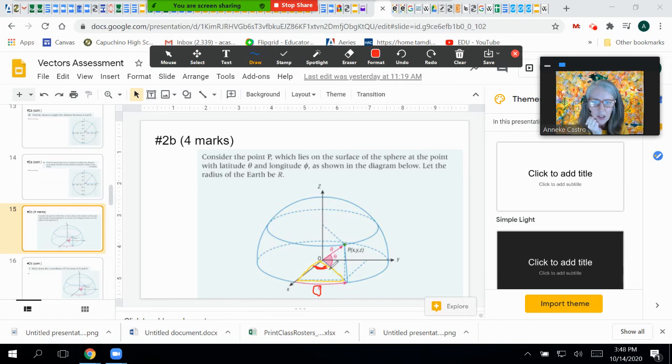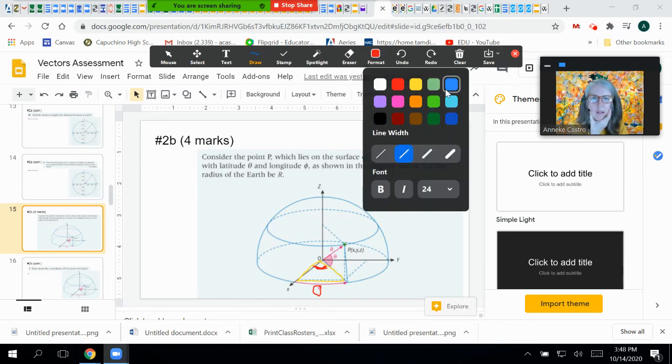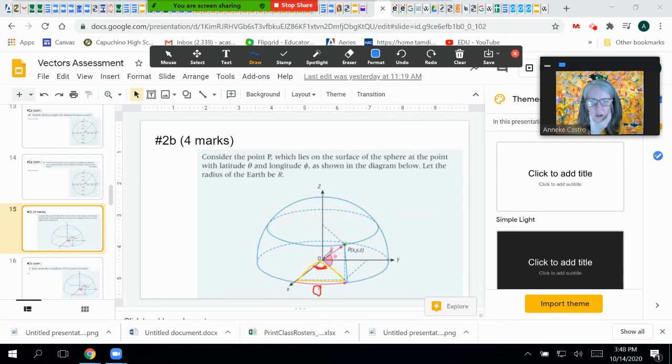And then the other triangle is over here, and it's got its angle right here. My annotation is terrible. That is theta, and theta is the latitude, degrees latitude.